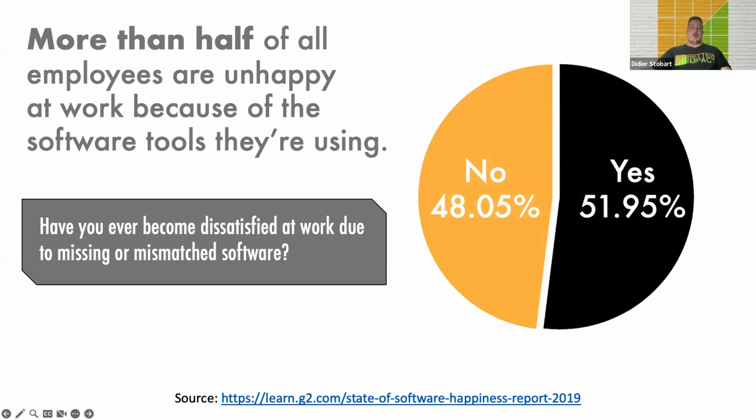So to talk a little bit more about the disconnected tools and the staff members. More than half of all employees are unhappy at work because of the software tools they're using. So that's quite an alarming stat to see. That can be a mix of using the wrong tool, using multiple tools to try and do the same thing. A mix of everything there, but it's quite interesting that half of the people are unhappy because of the tools they're using.